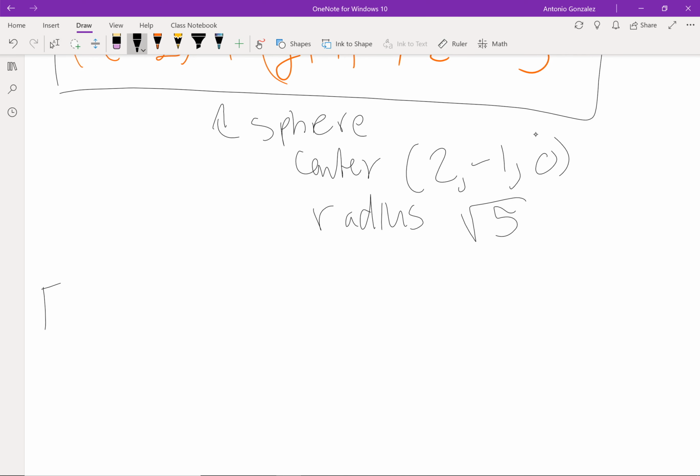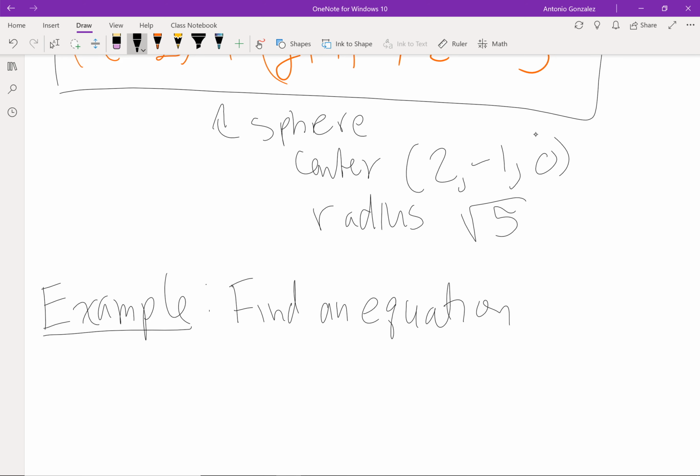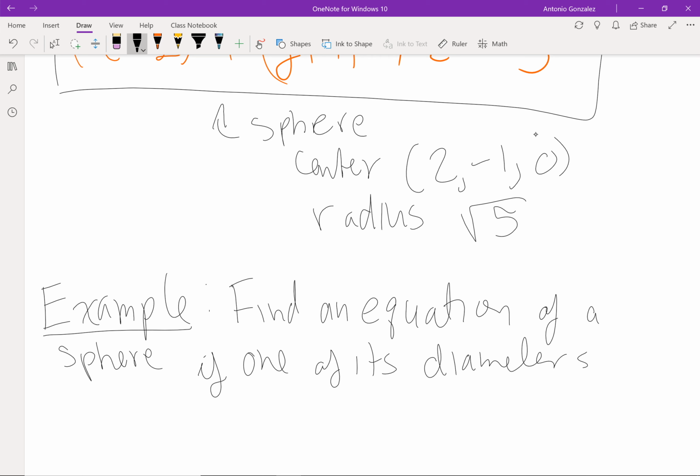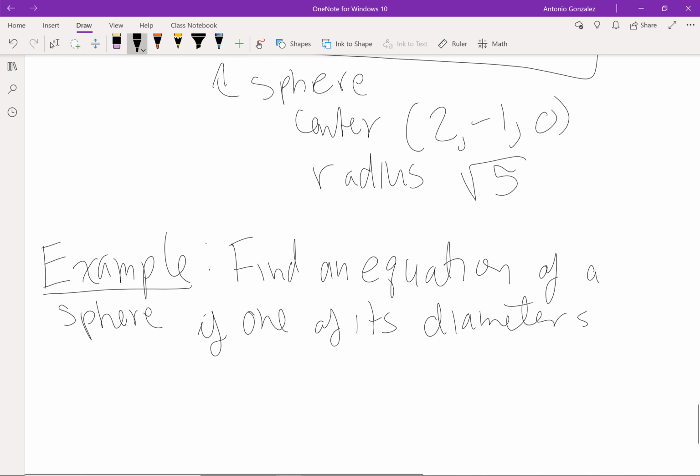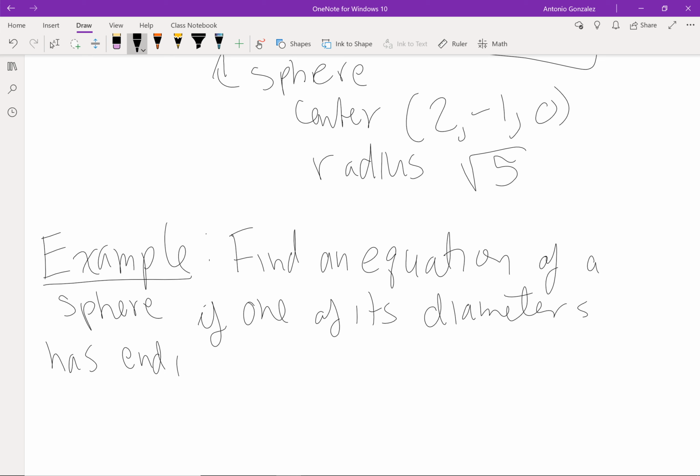For this example, I would like to find an equation of a sphere if one of its diameters has endpoints (2, 1, 4) and (4, 3, 10).